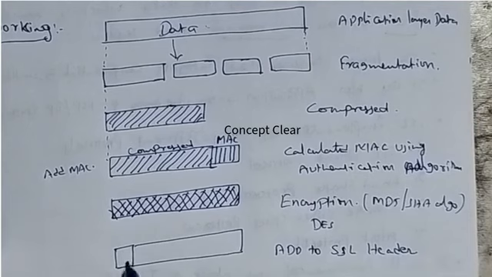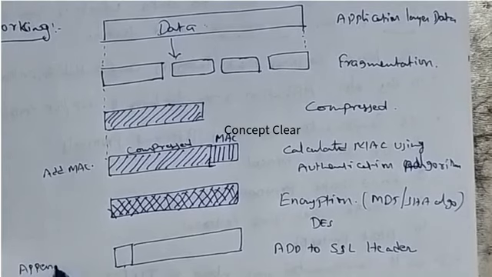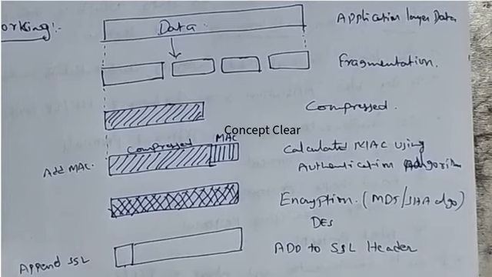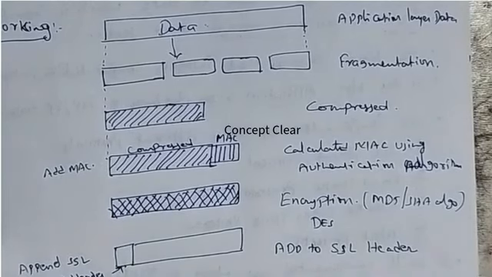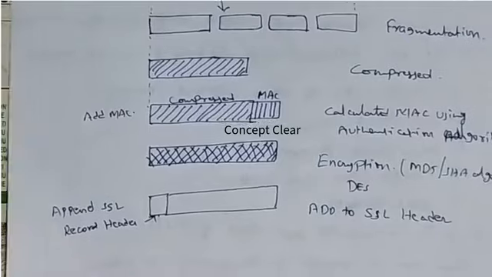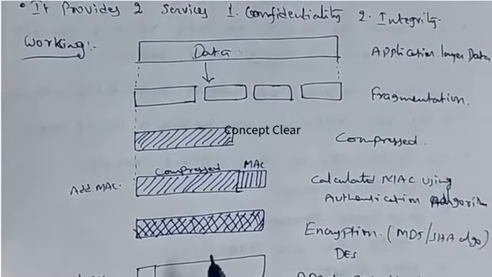This is the SSL record header. This header again contains 4 fields. We will see. This is the working procedure of the SSL record protocol.